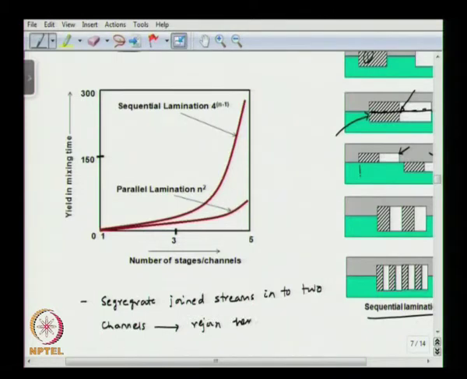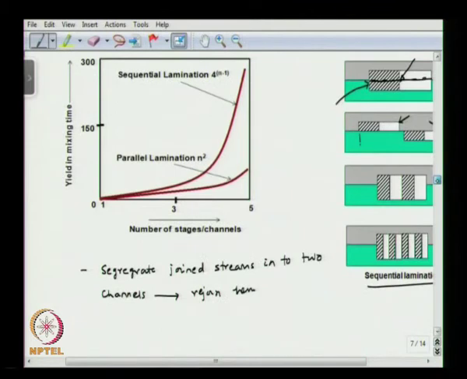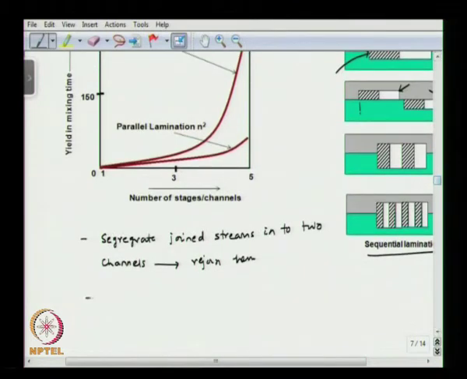Okay. So, if you do n splitting and rejoining with n stages of splitting and rejoining, we would get 4 to the power n minus 1 faster mixing.